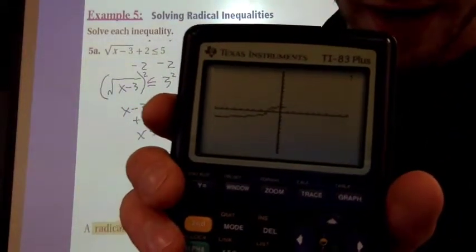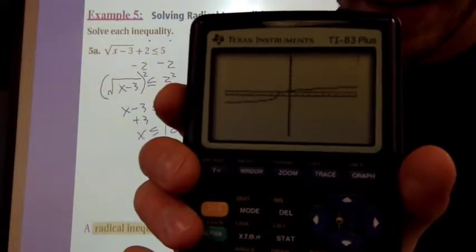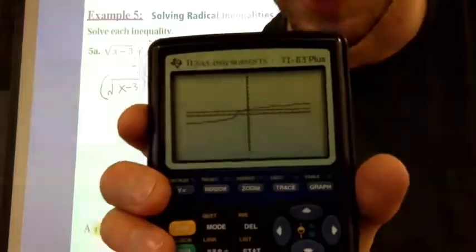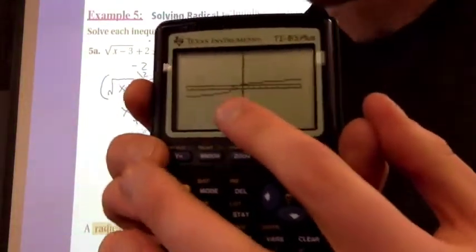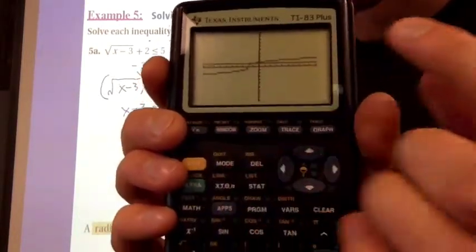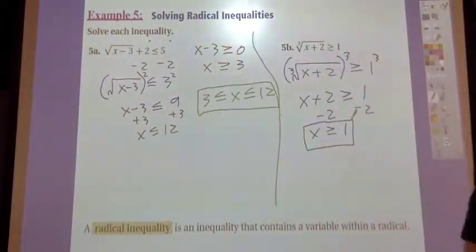So this is my graph of the cube root of x plus 2 and the graph of 1. And you'll notice that it wants to know where it's greater than 1, and it's from negative 1 all the way on. So, there you go. Okay.